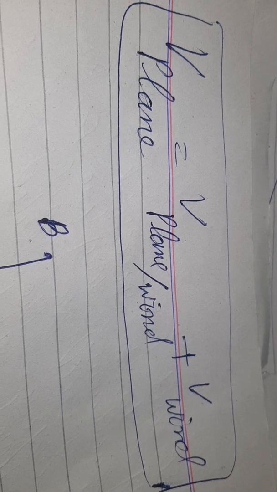Velocity of any object is equal to velocity of that object with respect to water or wind, whatever, plus velocity of the wind or the water. So when you write this formula, then use common sense and follow the head and tail rules to join these velocities.